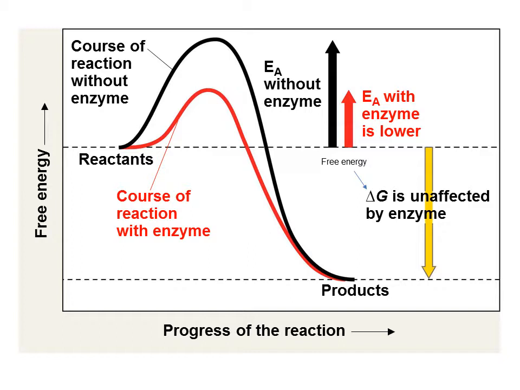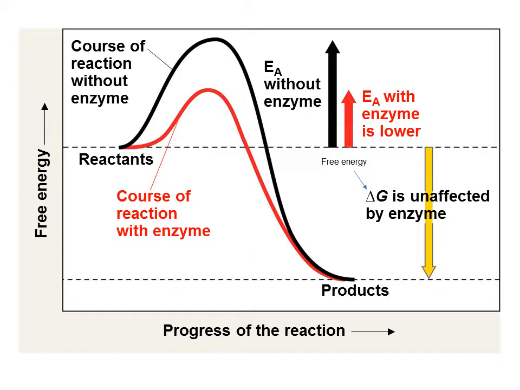In this image, we're looking at the importance of enzymes. Enzymes are very unique because they will lower the energy of activation. So if we look at the first portion of the image where you see the black curve or the black line, that is without an enzyme.